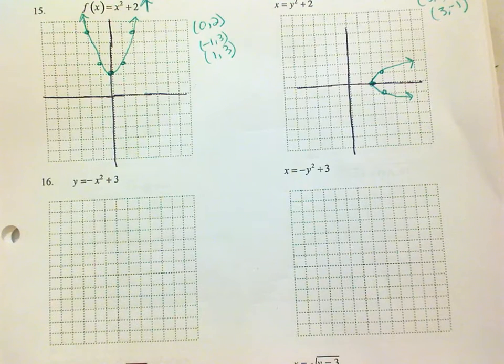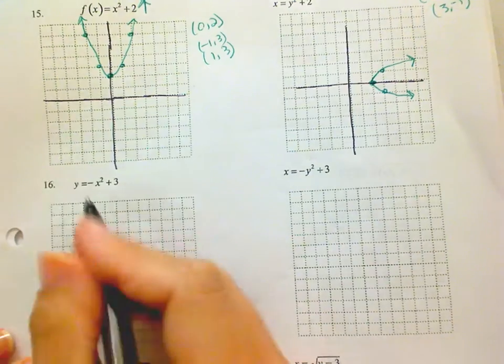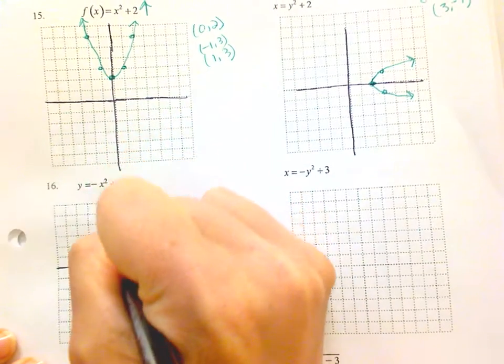Number 16, hopefully you realize, is an upside down parabola that's going to start up 3. Oh shoot, we gotta mark our axes here.